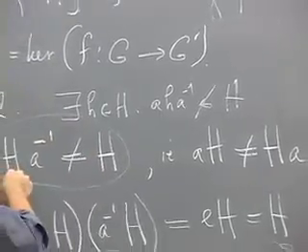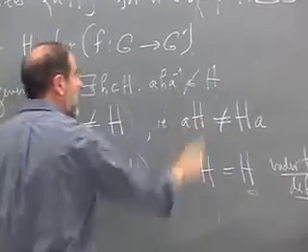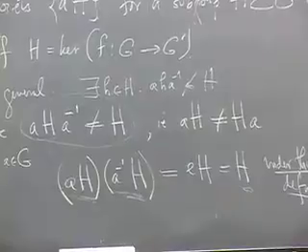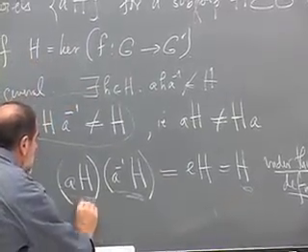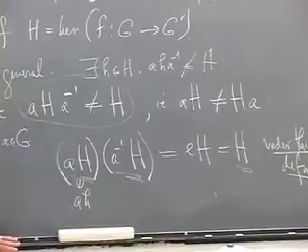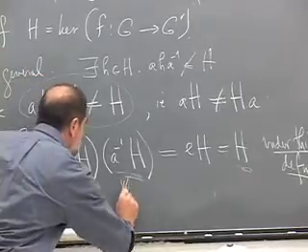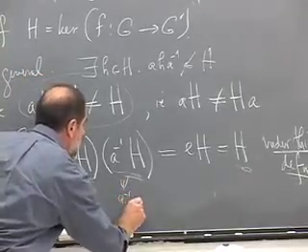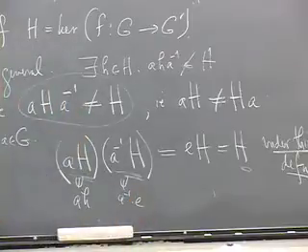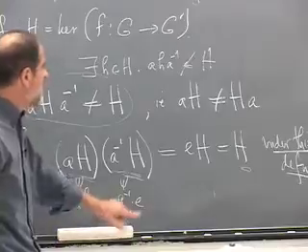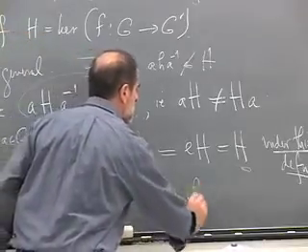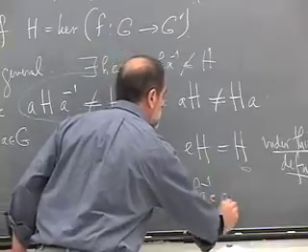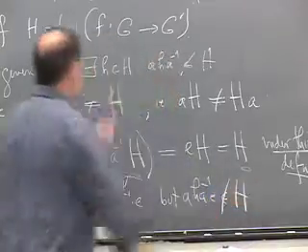There exists one element in here such that when I conjugate it, I get out of H. So I take, as a suggestion, the element Ah in here, and I take the element in here, A inverse times E, which is certainly good. And I take their product, and I get AhA inverse, which is not in H, by my hypothesis.